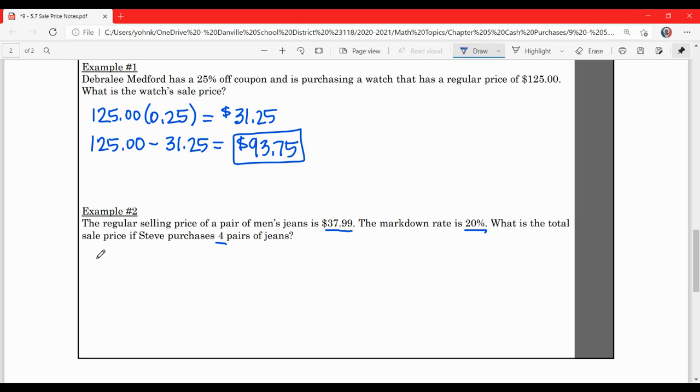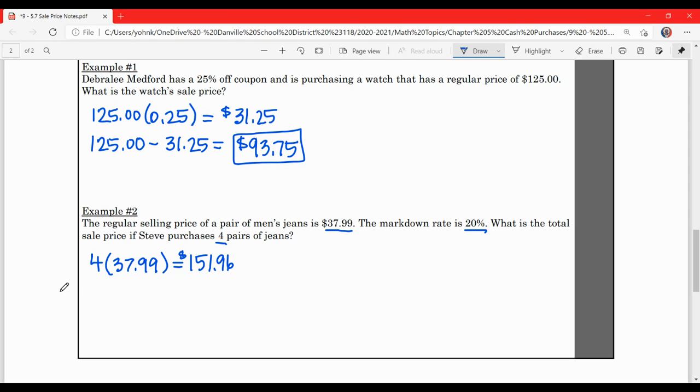has less steps. So if I take 4 pairs of jeans and each pair is $37.99, if I take $37.99 and times it by 4, I'm spending $151.96 on jeans.